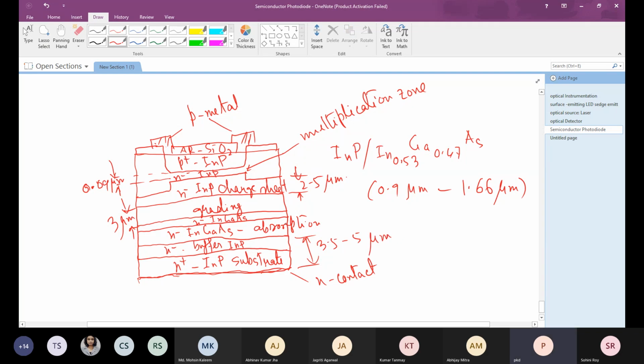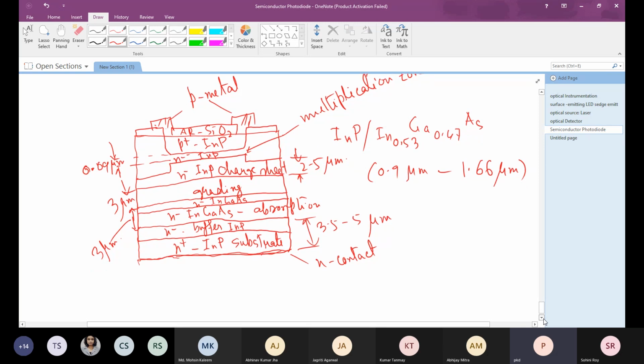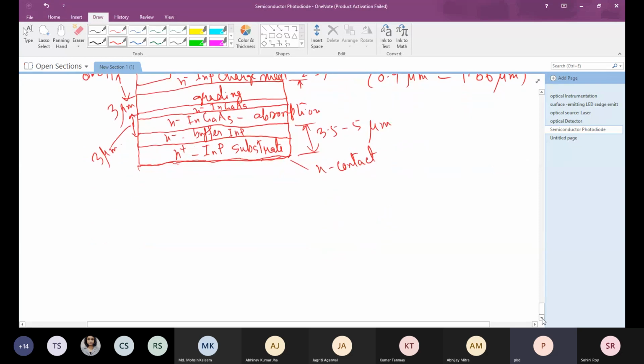This would be also 2 to 3 micron. This together would be 3 micrometers. So this is the basic principle of avalanche photodiode.